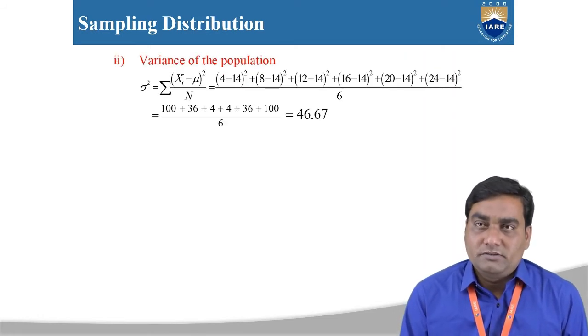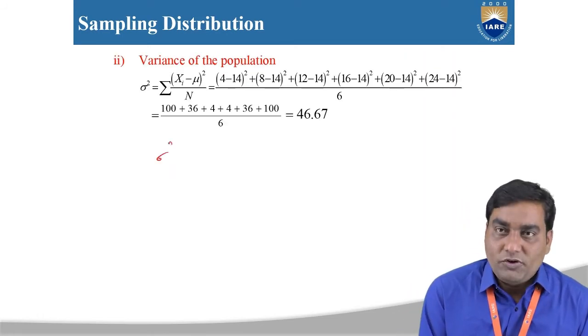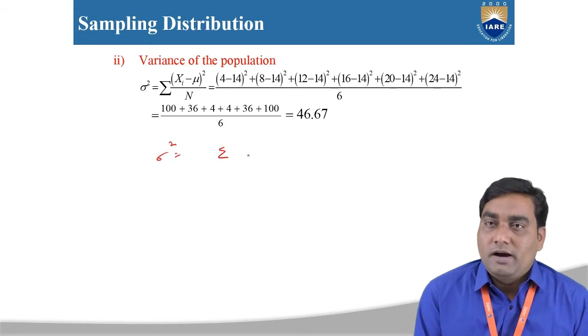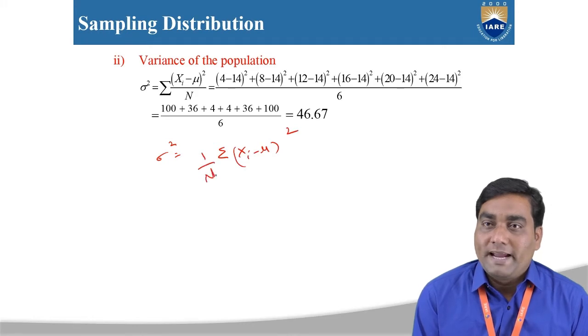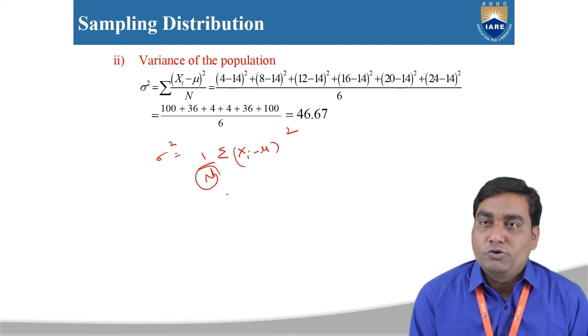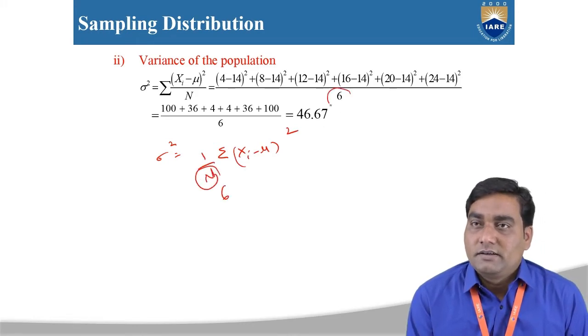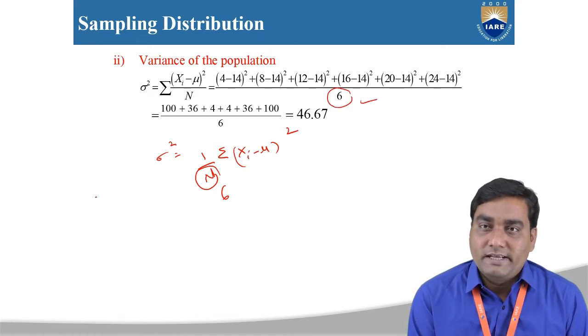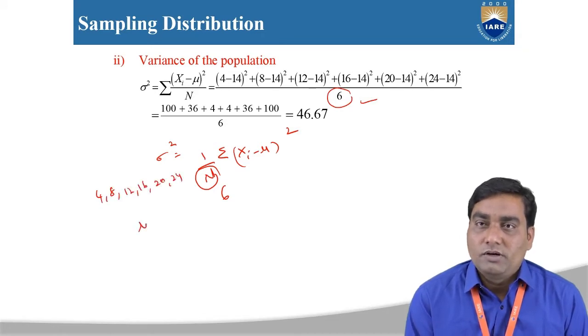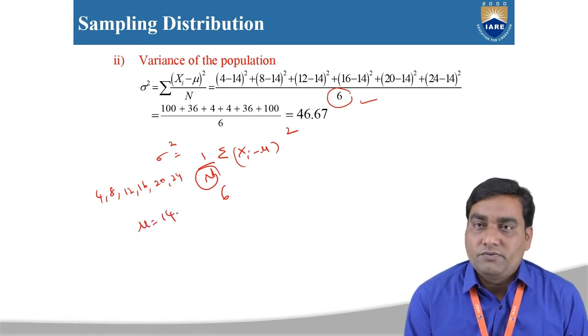The variance formula is sigma square equal to sigma of xi minus mu whole square by n, and this n is 6. The xi values are 4, 8, 12, 16, 20, 24, and the mean we got is 14.